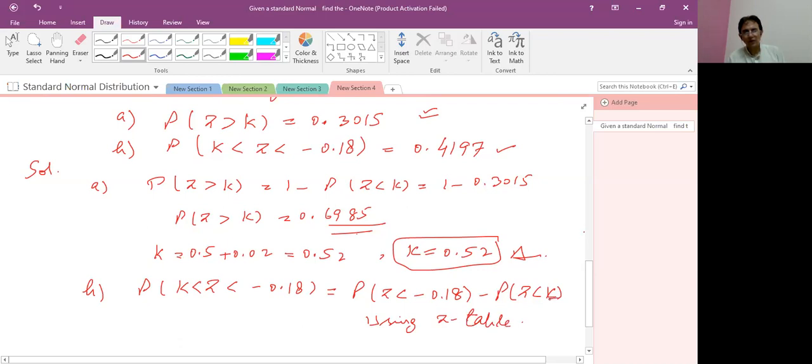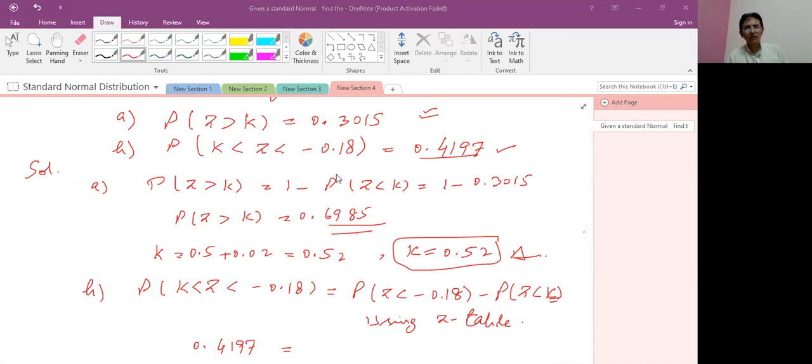At this point it is unknown, and this value is equal to 0.4197. So we put here, but we first find minus 0.18 and move on the Z table.